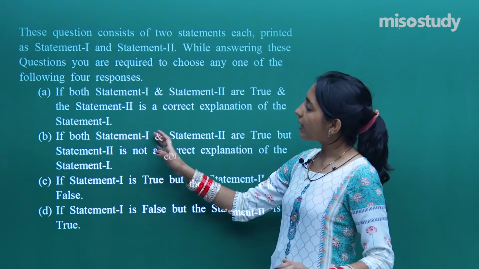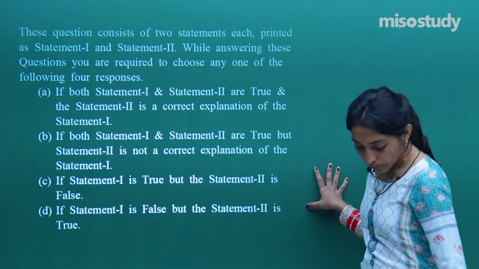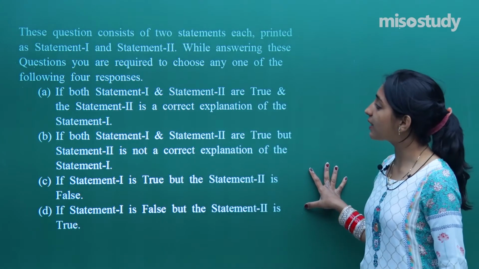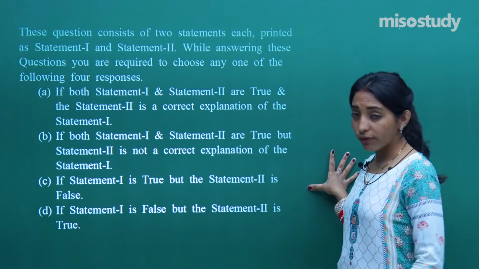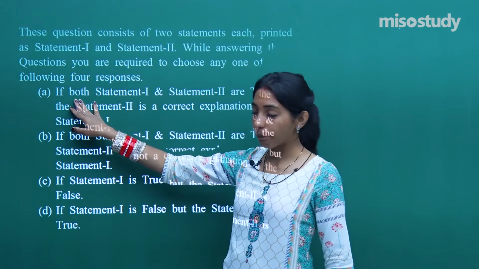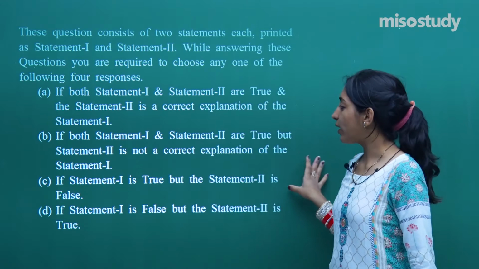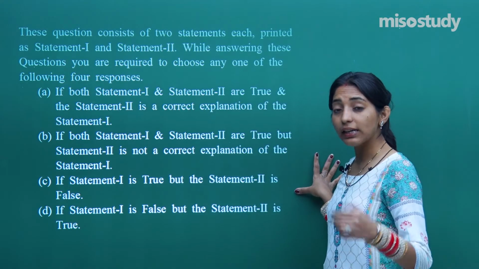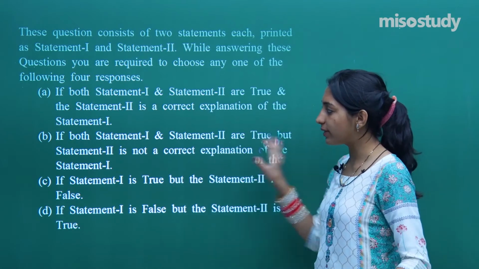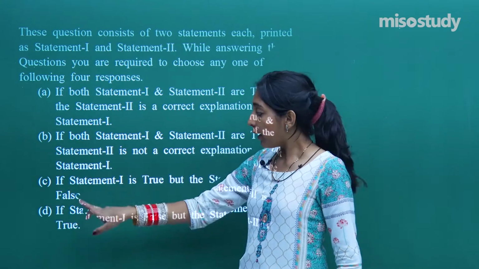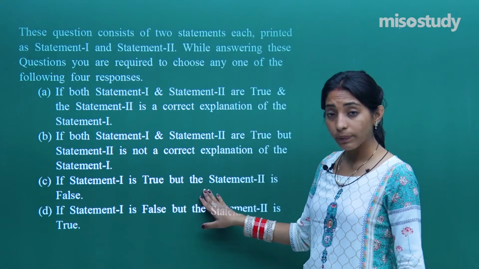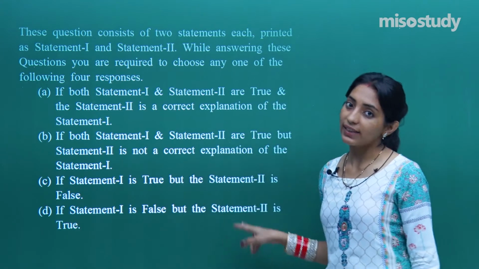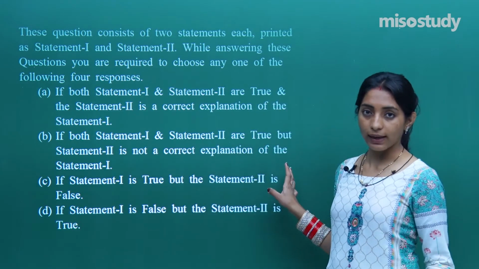So if both statement 1 and statement 2 are true, and the second statement is the correct explanation of the first statement, then the option is A. If both the statements 1 and 2 are true, but the second is not the correct explanation of the first, say the answer is B. If the first is true and the second is false, say C. If the first is false and the second is true, say D as the answer.